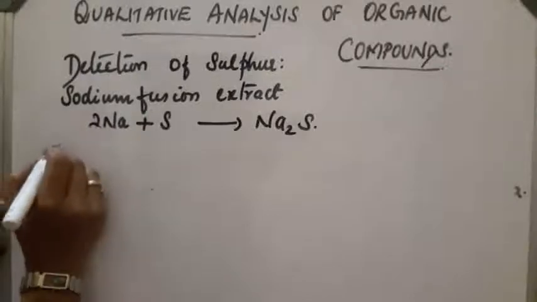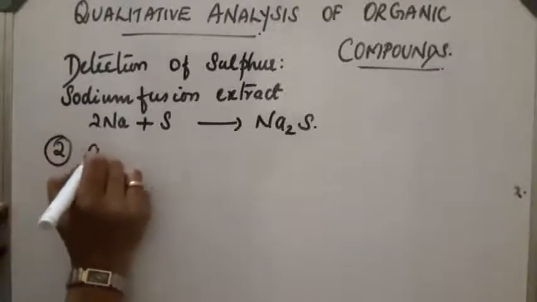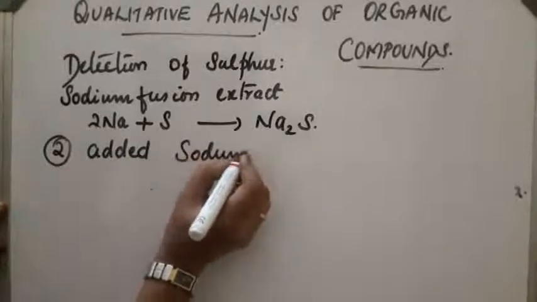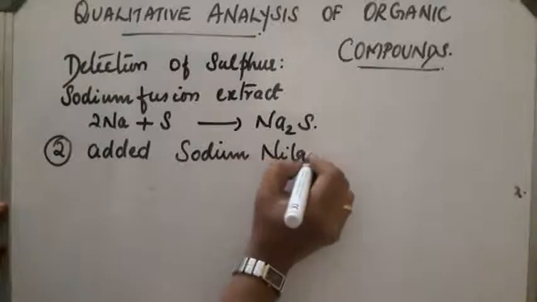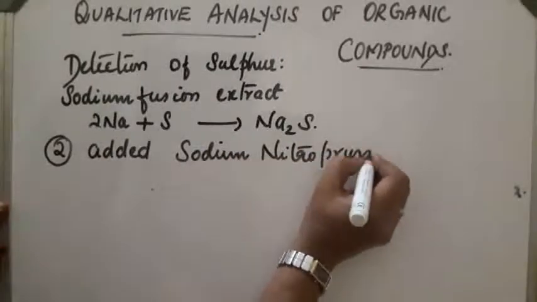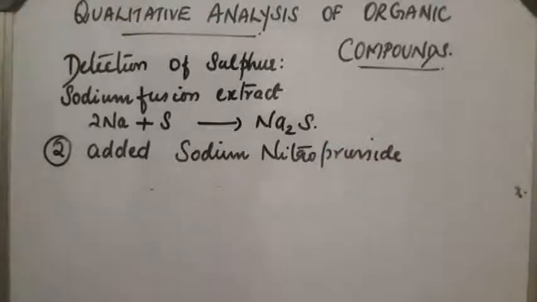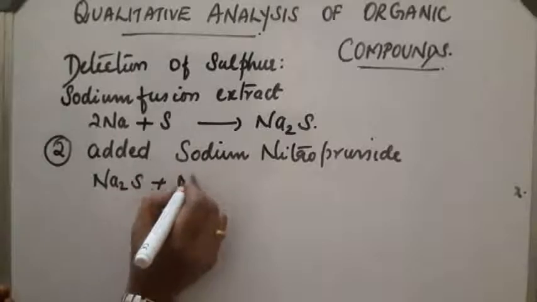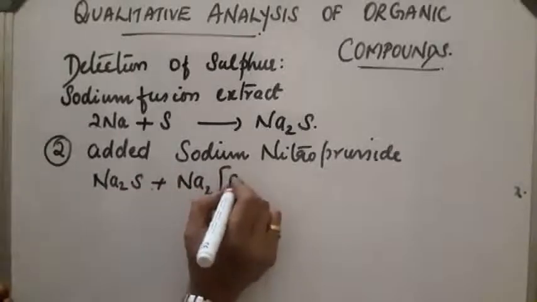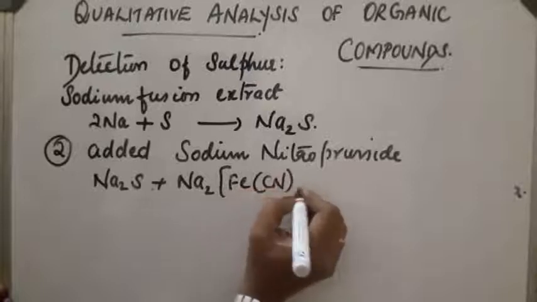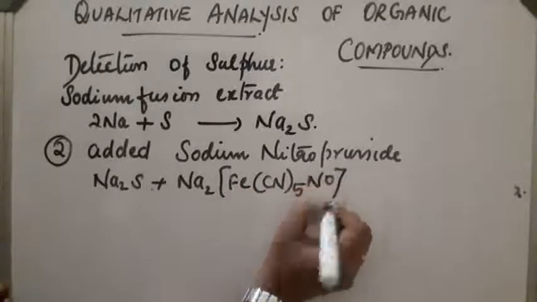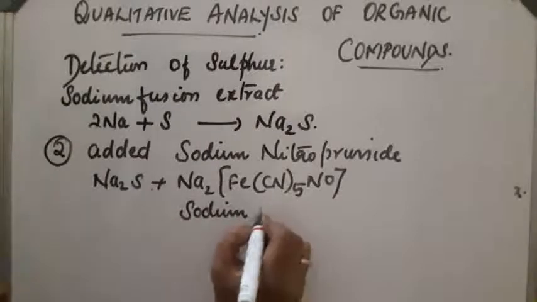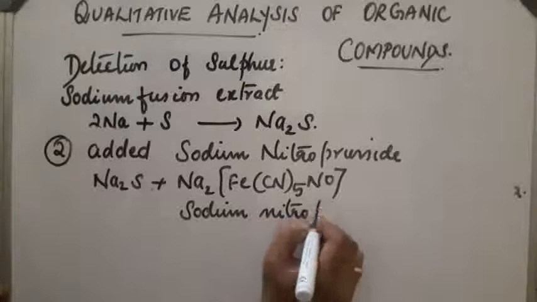The reaction is Na2S plus Na2[Fe(CN)5NO], which is sodium nitroprusside.